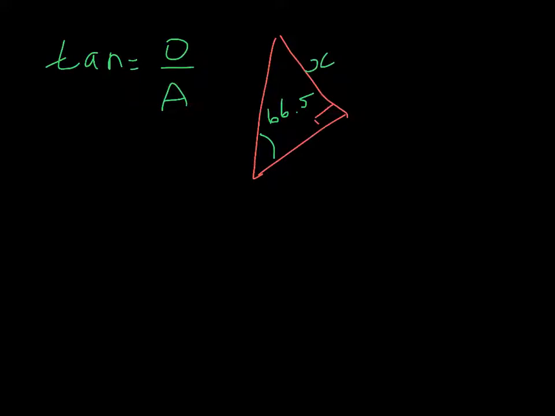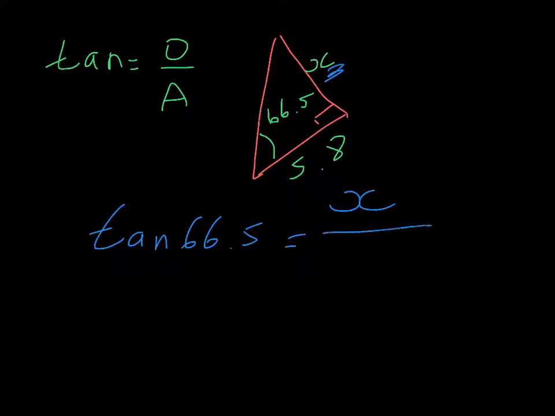And let's say our adjacent was 5.8. So this is how we're going to work out what to do. So tan, so press tan on your calculator, 66.5 equals x, because we don't know what it is, over 5.8, which is our adjacent.